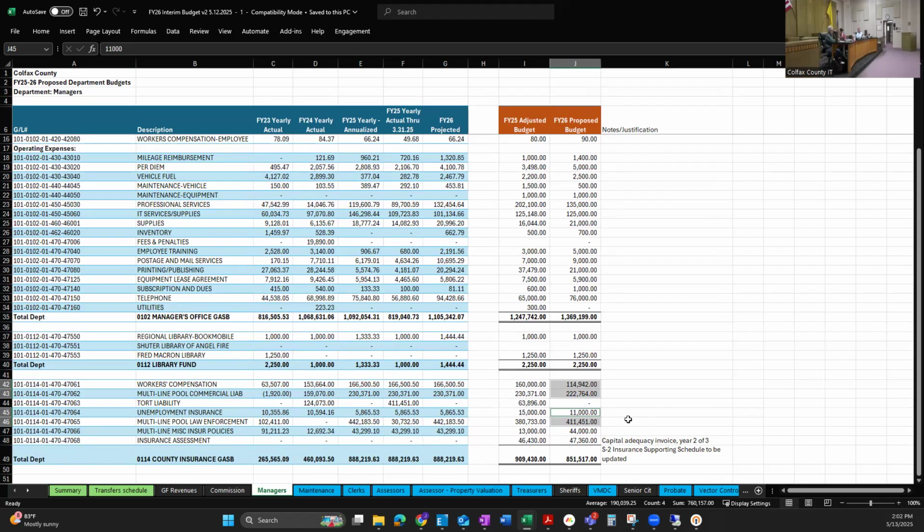I think we're going to see a spike. I did ask Danielle and HR to take a look at those numbers to see what an appropriate increase might be. They've not been adjusted in this current draft. I would expect maybe some percent increase there. If it's 5% across the whole county, that adds up pretty fast.